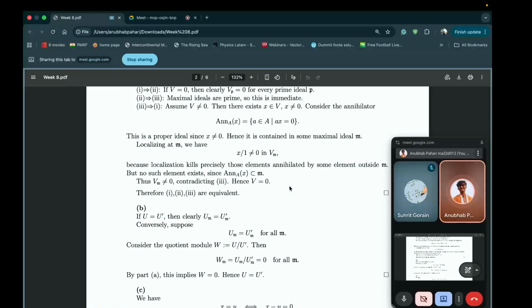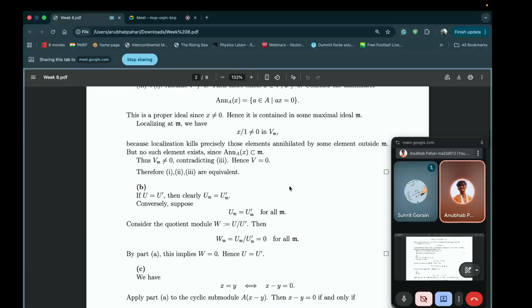Now if you localize at M, you see that x by 1 is non-zero in Vm, because if x by 1 were 0 in Vm, then it should be a times x equals 0 for some a in A minus M. But since M contains the annihilator, for every element from A minus M, ax should be non-zero, therefore x by 1 is non-zero.